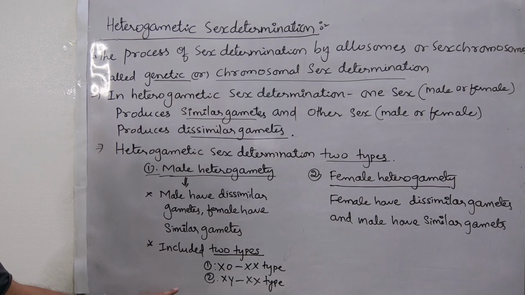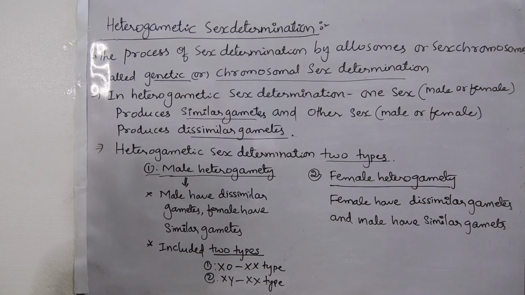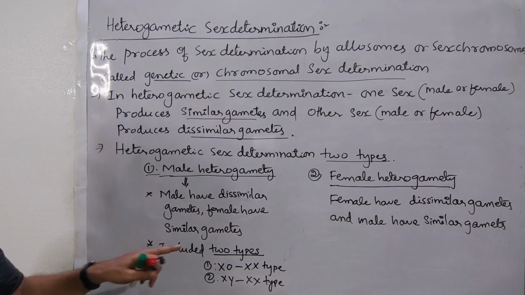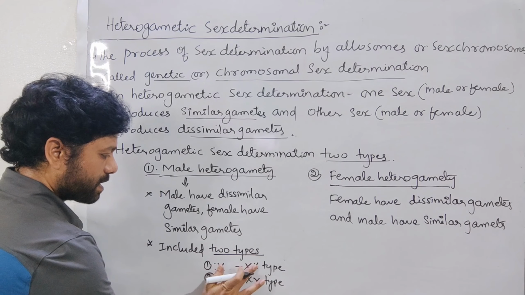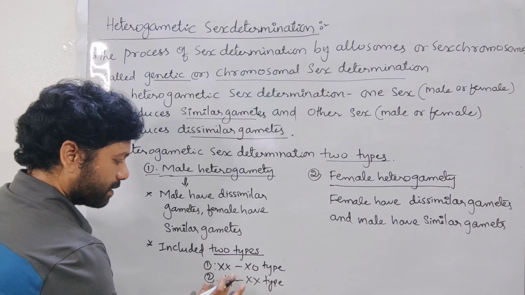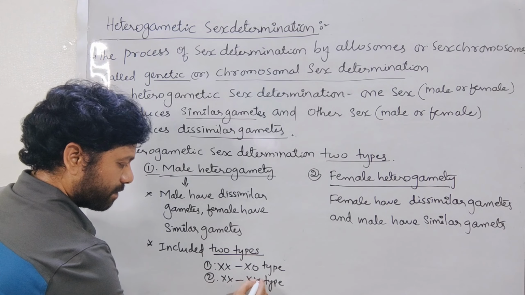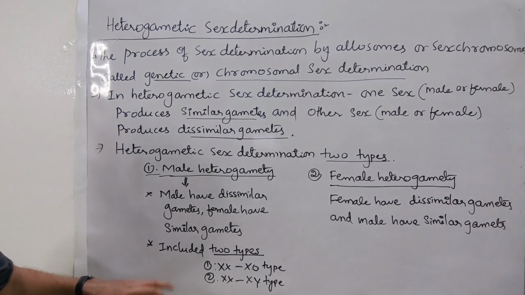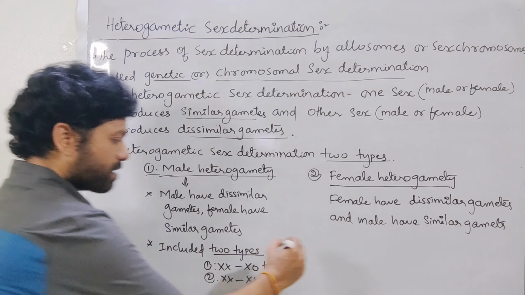So here the two types are XX, XO and XX, XY. Here also the same.